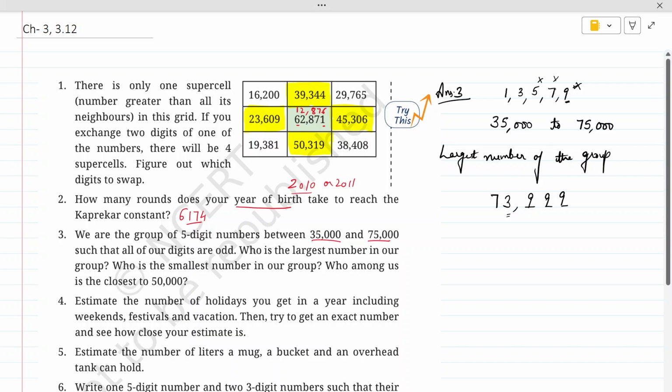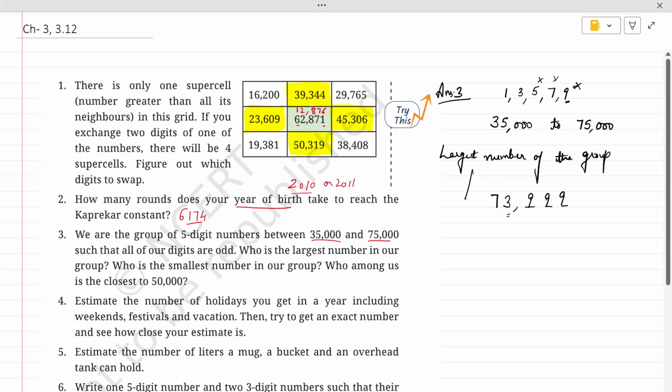I cannot take 7 because 77,000 will be greater than this. I cannot take 5 because 75,000 something will be greater than 75,000. So I'm taking 3. Now the rest three digits should make it the largest number, and they should be odd and highest. So that's why we are taking 9 here.